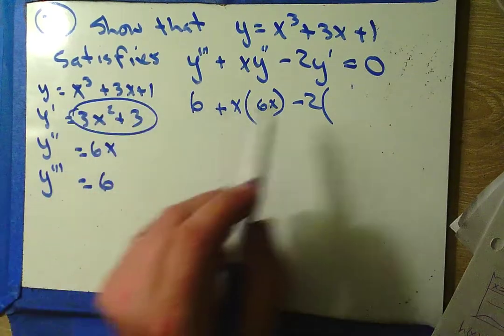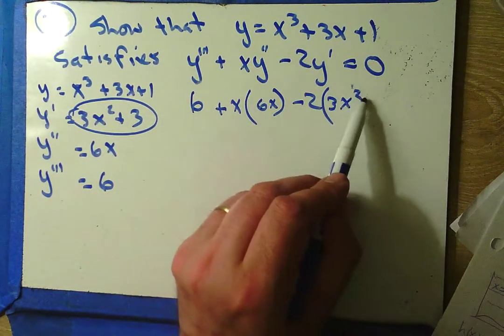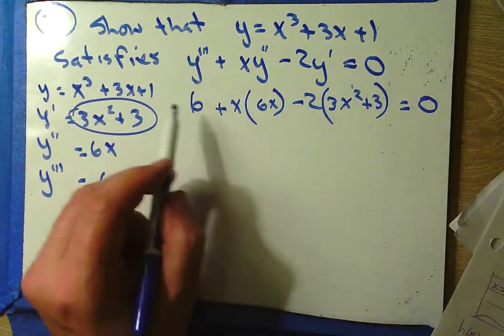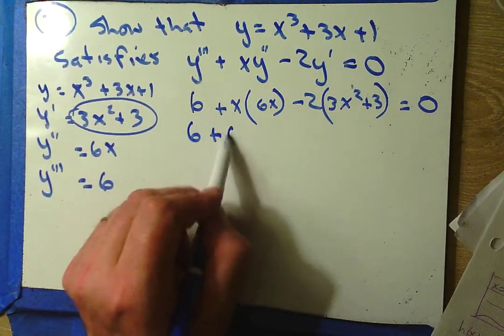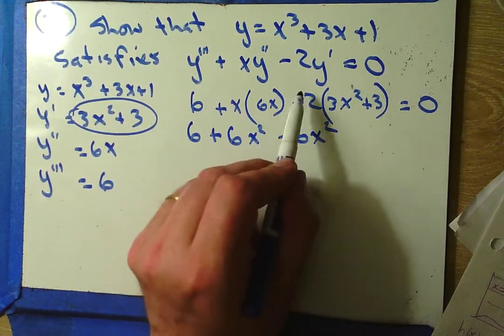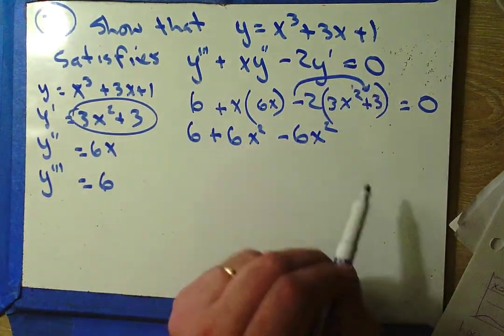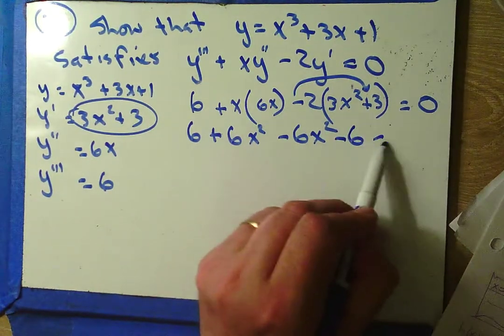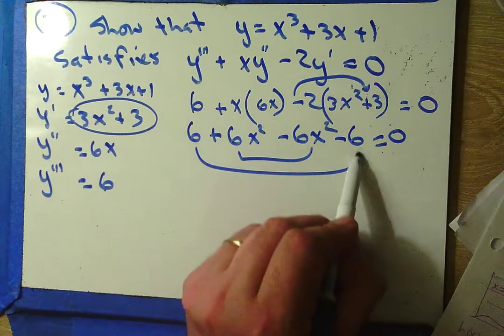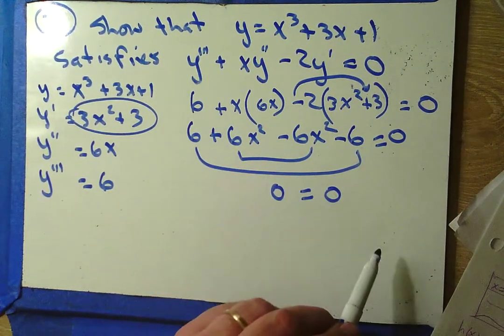Well, here's y prime, 3x squared plus 3. And this should equal 0. Well, let's tidy things up. 6 plus 6x squared minus 6x squared. Don't forget to distribute this -2 to this 3 to get -6. And then when we combine like terms, we get 0 equals 0.